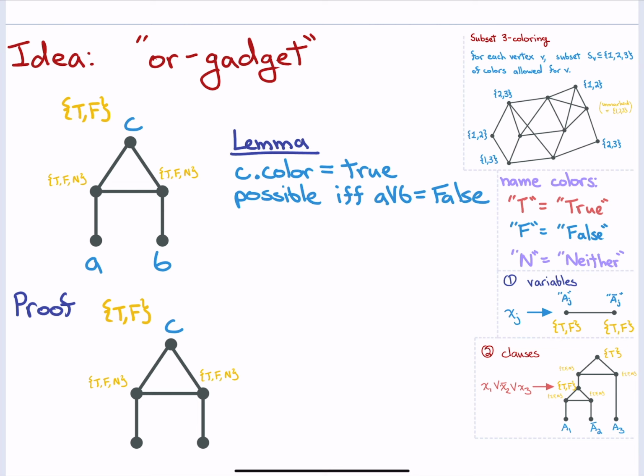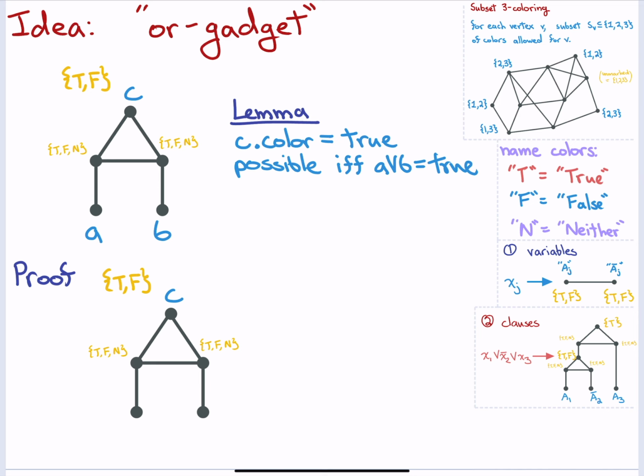The claim is that you can only color the top one to be true if A or B is equal to true. Sorry. So the claim is that the only way to color the top vertex to be true is if at least one of the 2 children was colored true.